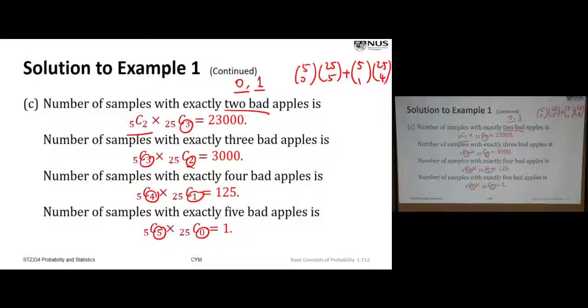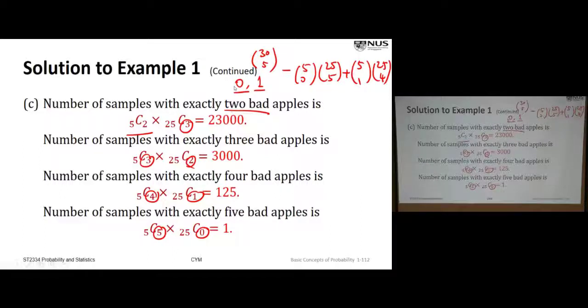Because all possible samples of size 5 have either at least 2 bad apples or just 0 or 1 bad apples. So I have to subtract this from how many ways I can choose 5 apples. 5 apples, not 5 bad apples. So altogether 30 choose 5.